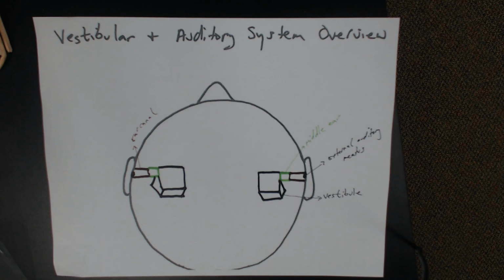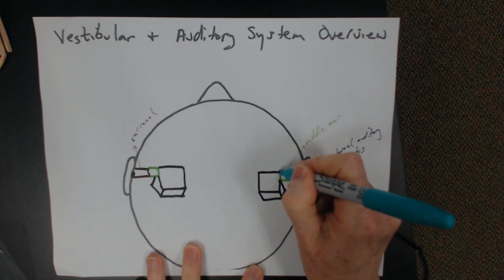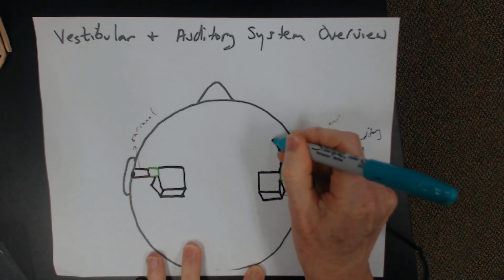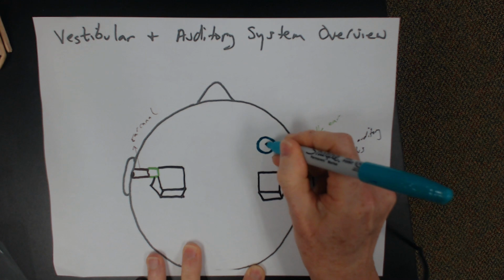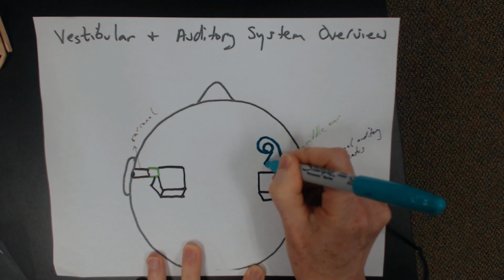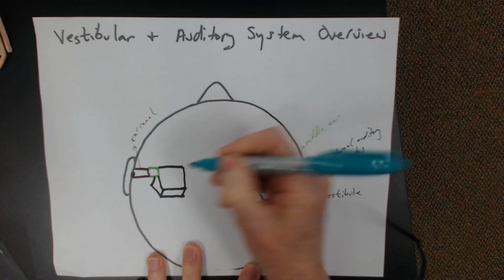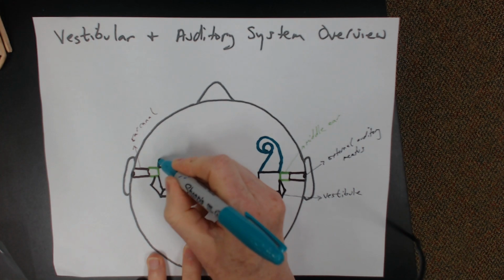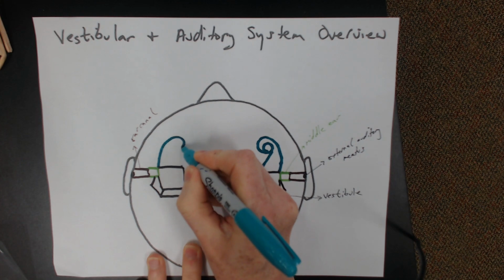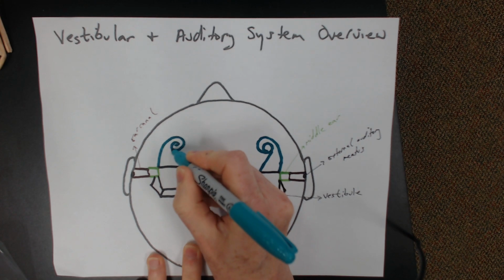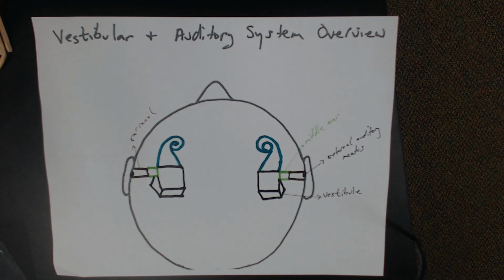Okay, coming off the front part of the vestibule is going to be your organ for hearing. Your organ for hearing kind of looks like a little snail shell. If I had to draw it like this. Okay, your sensory organ for hearing is known as the cochlea.